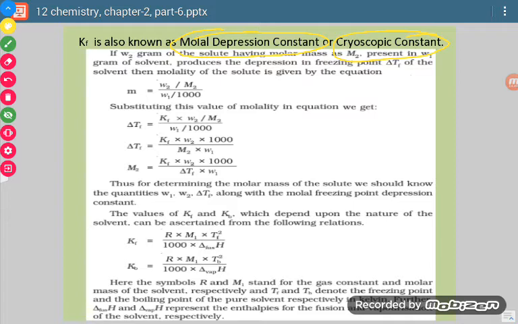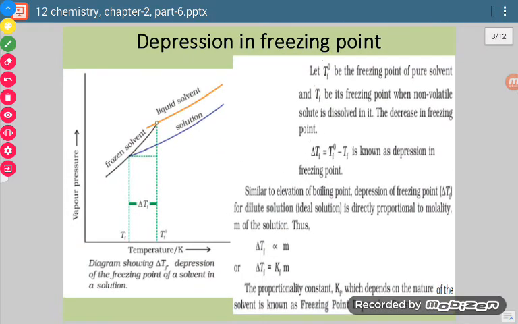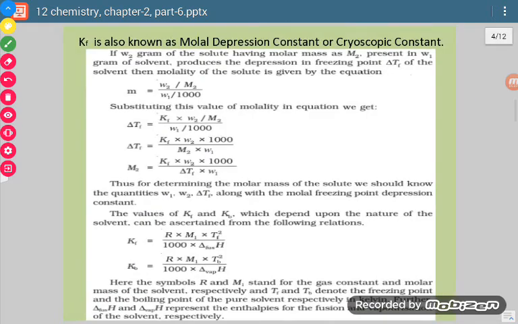Then what we have to say, we will be writing that if molality is 1, then delta Tf is equal to Kf, or we can say molal depression constant or cryoscopic constant is equal to depression in freezing point for a 1 molal solution.